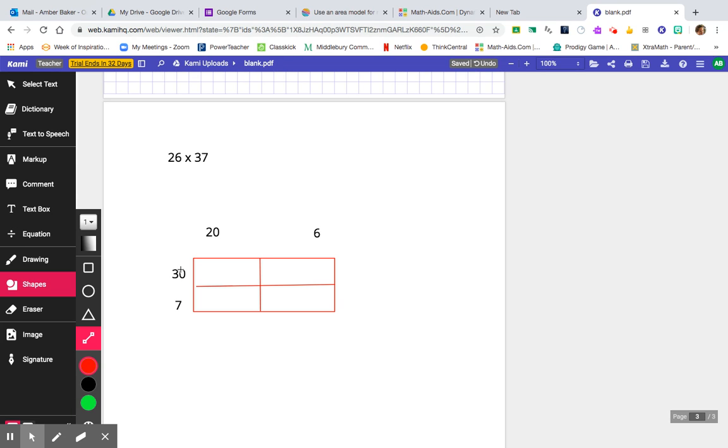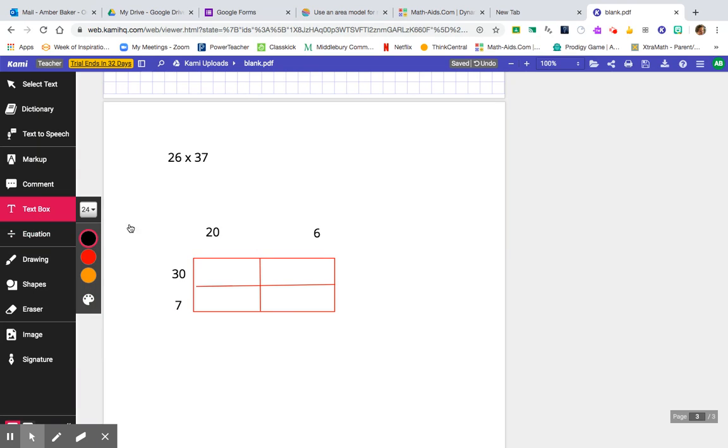I'm going to do 30 times 20. So 30 times 20, well, I know that 3 times 2 is 6. And then I add my 2 zeros, so it's 600. Then I'm going to do 30 times 6, which is 180.